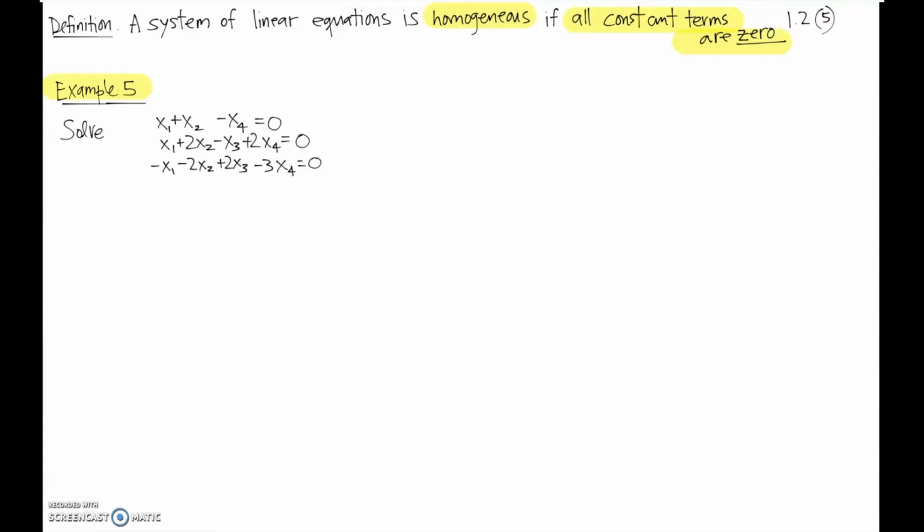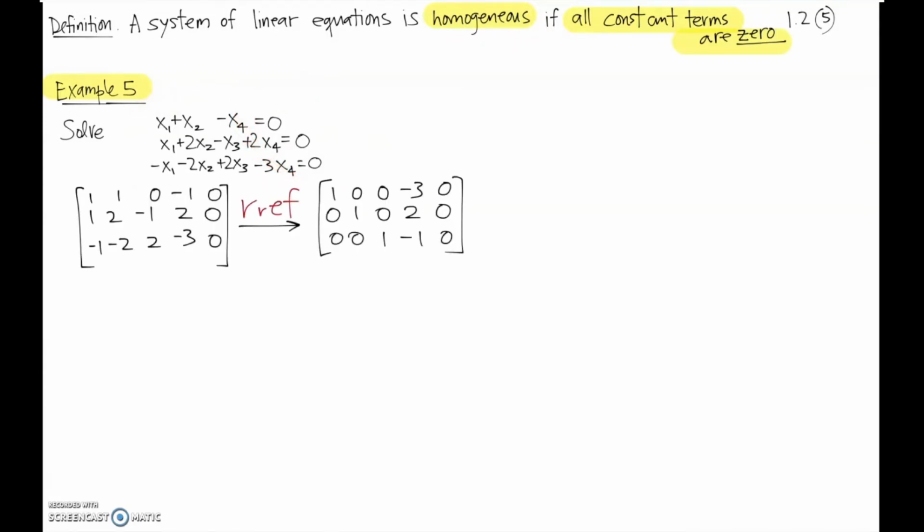So for our last example, we're going to solve this system of equations, and all of these constant terms here are 0, so it is a homogeneous system. So I put the system into a matrix, and I performed reduced row echelon form, and this is what we get out.